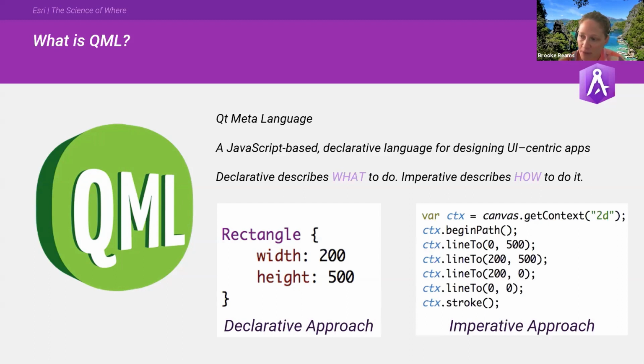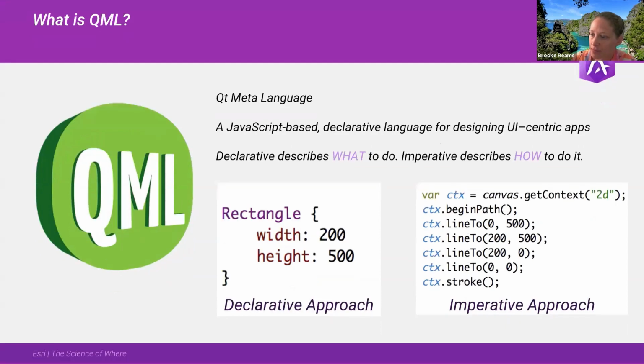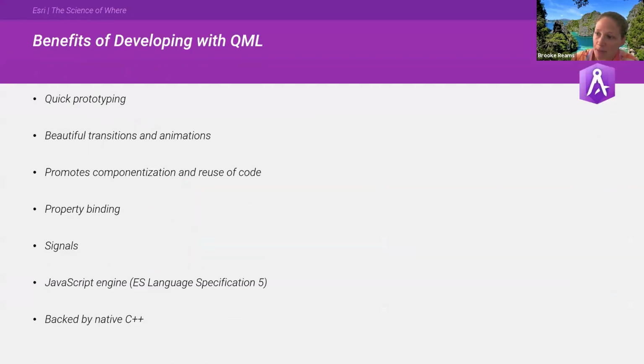You can write QML code to accomplish the same things you can with an imperative approach, just with a lot less code. As for the benefits of QML, the fact that you can develop an app with as little code as QML makes for quick prototyping. If you need to come up with a quick sample or a quick prototype, that's really easy to do with QML.